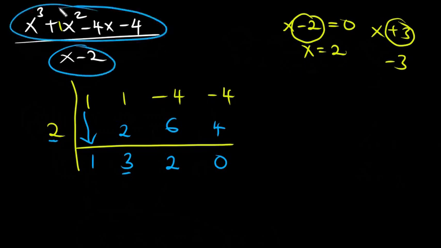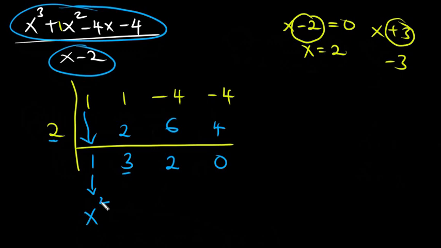But we're going to learn what to do if we don't get a 0 in the last term. For this case, x minus 2 is a factor of that polynomial, x cubed plus x squared minus 4x minus 4. So this becomes the coefficient of x squared. We start with x squared, because when you divide x cubed by x, it's going to be 1 degree less.